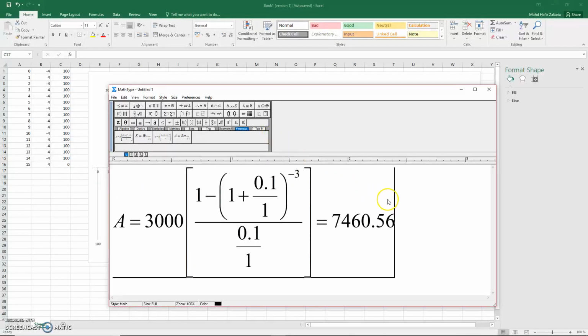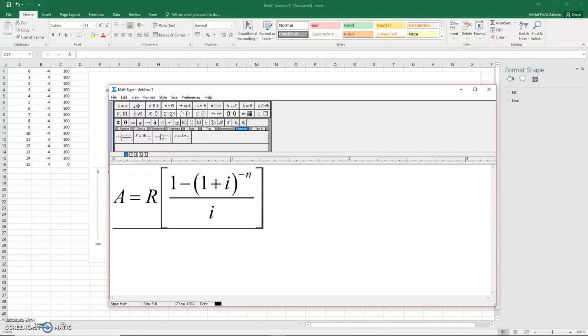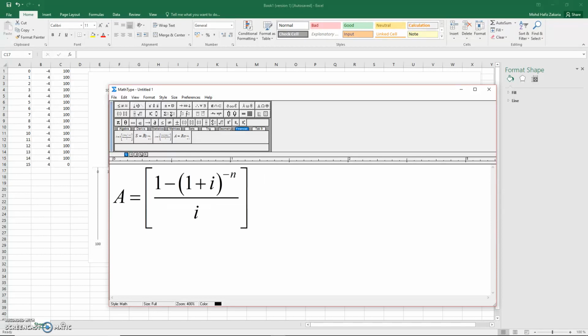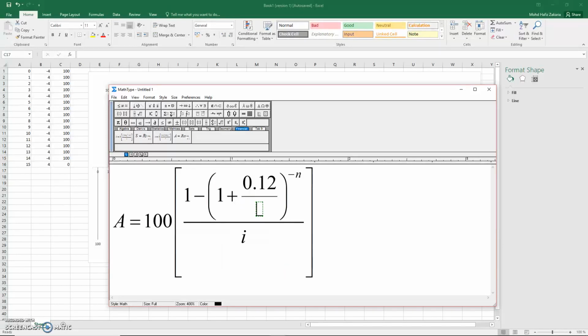Now, present value, as I said before, will not include the first period. The periodic payment is 100. The periodic rate is 12% compounded monthly, so 0.12 over 12. What about the N?